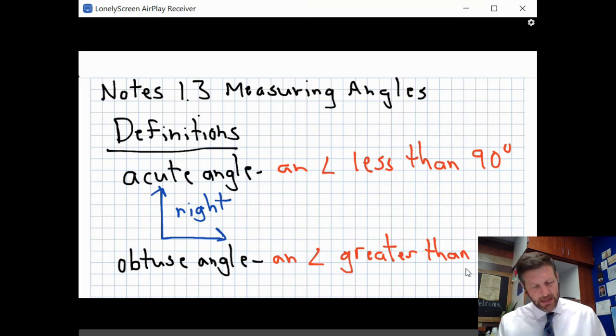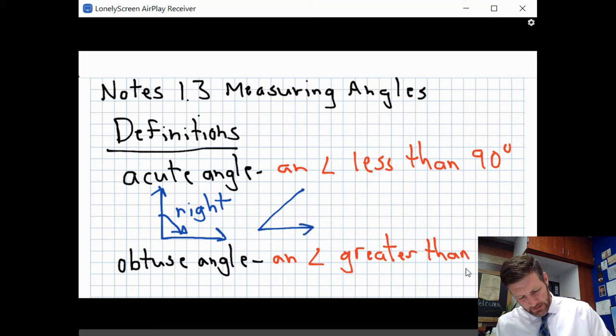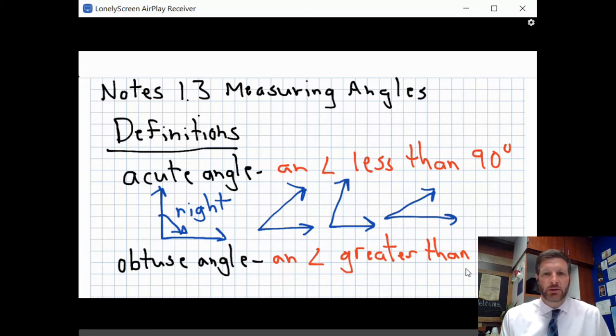An acute angle is anything of a smaller degree than that. Anything that looks slightly less than perpendicular, even something like this, those are all acute angles. So you can define less than 90 and then provide some examples.